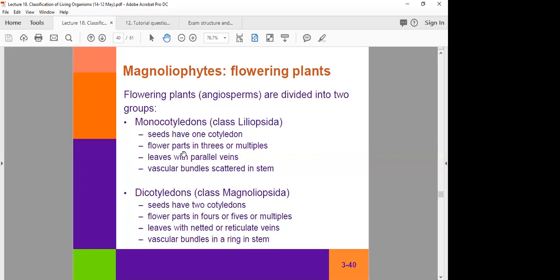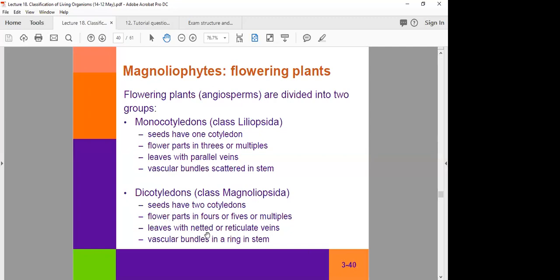The flower parts are found in threes or multiples of threes. The leaves have parallel veins. The vascular bundles are scattered randomly in the stem. So that's the monocots. The dicots, the embryos within the seeds have two cotyledons. Flower parts are found in fours or fives or multiples.